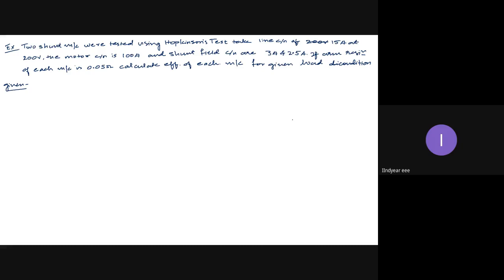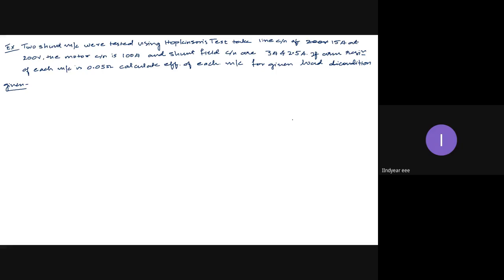Here one more thing we should observe: should I follow the alternative connection or the first connection? That is important. If the alternative connection has to be followed, then it will be mentioned in the statement that fields are separately excited, or fields are externally supplied, or fields are directly connected to the supply system.